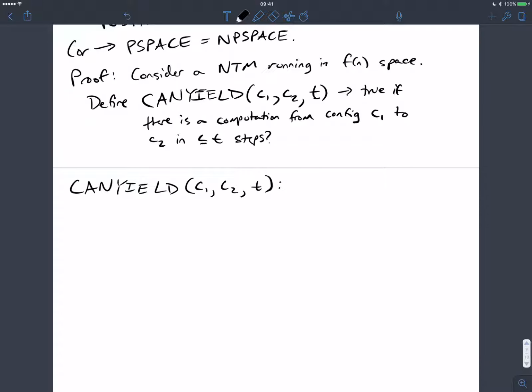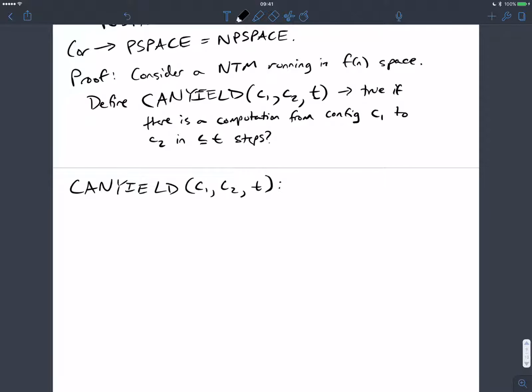If T is 1, then that means that within one step, you can reach C2 from C1. Well, that's only true if they are either equal or you can reach C2 from C1 in one non-deterministic step. So that's easy.